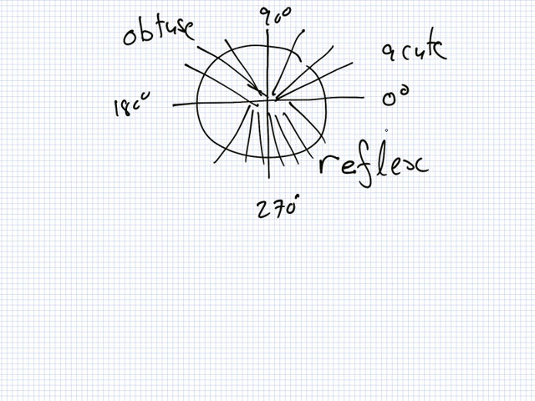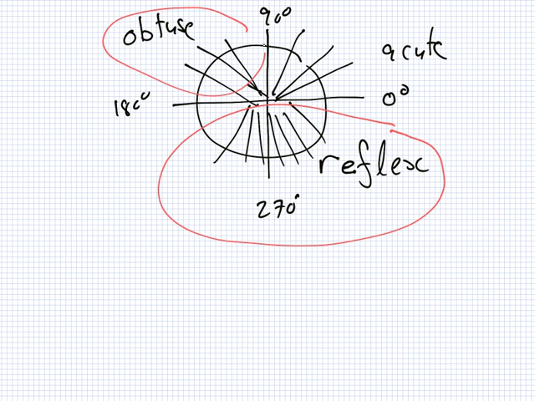Yeah, all of these here is reflex. And obtuse is this one, and acute is this one there. Yeah, got that? Are these new words?